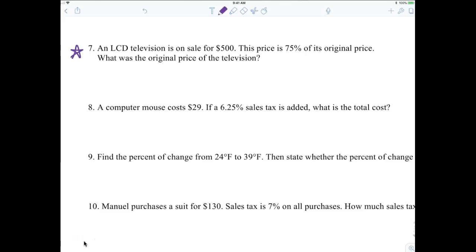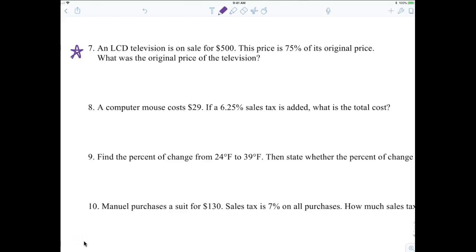Now, if you multiply 500 times 0.75, would that be more than 500 or less than 500? So it couldn't have been less. Do you agree with what I'm saying, right? Because a TV wouldn't be 400 and say, man, come into my store, I got a great deal for you. I'm going to give it to you for 500 instead of 400. That wouldn't make sense.